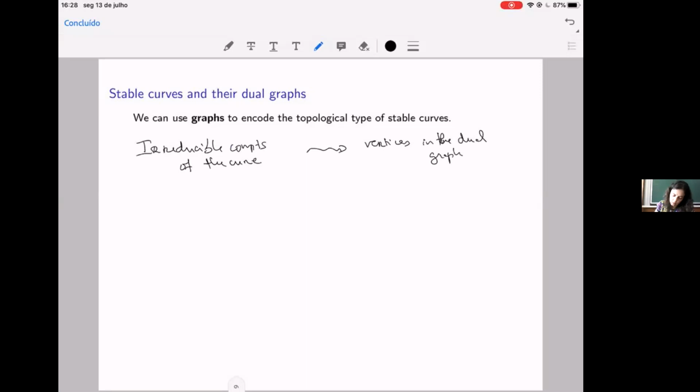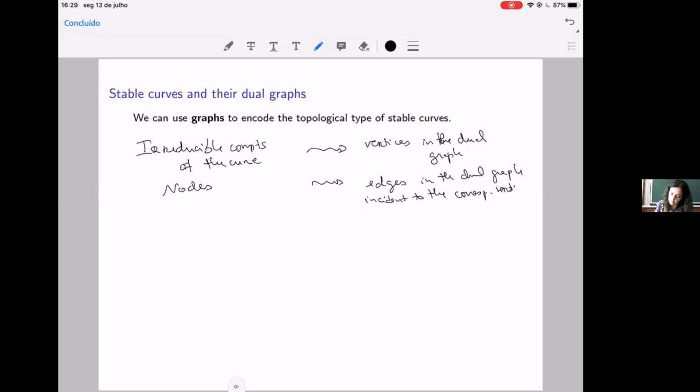And then the nodes will be described using the edges in the dual graph. So if you have a node between two different irreducible components, the corresponding edge will be incident to the corresponding vertices.